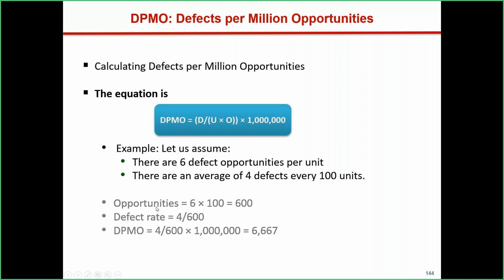Opportunities: 6 into 100, 600. Defect rate is 4 per 600 opportunities. DPMO would be 4 divided by 600 into 1 million, that is 6,667. This is the DPMO.